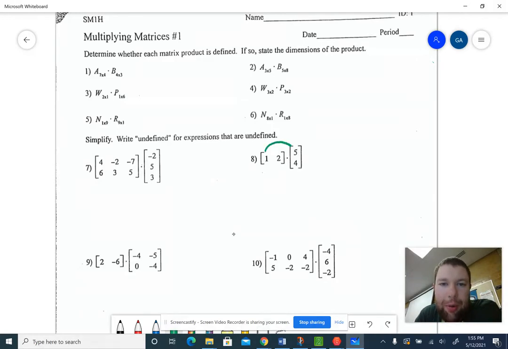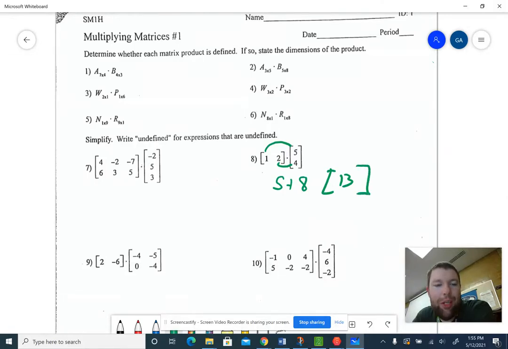The second number in the row is going to multiply with the second number in the column. Okay. So, like here, for example, when I multiply these, I'd have 1 times 5, which is 5. And then I have 2 times 4, which is 8. And then I add those together. And my new matrix, a 1 by 1 matrix, is just going to be 13. So, just like that.